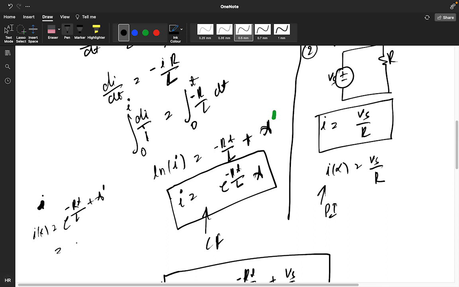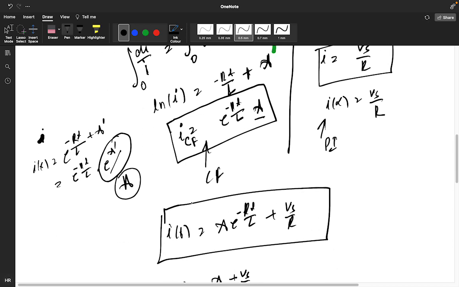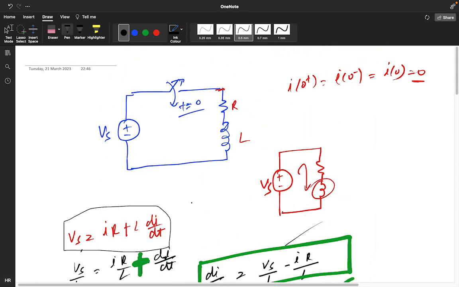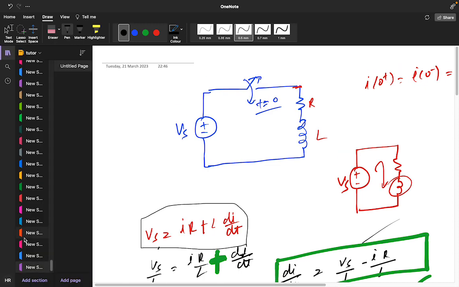You can write it like this: e power minus RT by L into e power a dash. I am considering e power a dash as a constant. So this is your complementary function. And for finding the particular integral, see the definition.